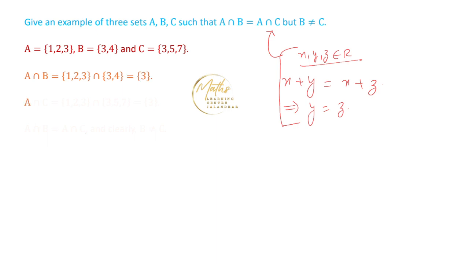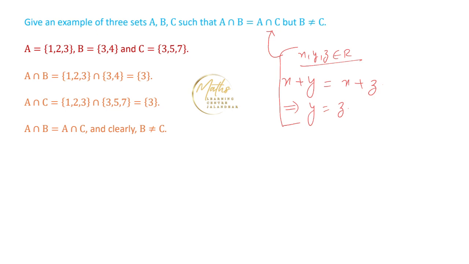For A intersection C, the common element is also 3. So from this example, we can observe that A intersection B is equal to A intersection C. But it is clear that the sets B and C are not equal to each other. So this cancellation property doesn't hold for the intersection of sets.